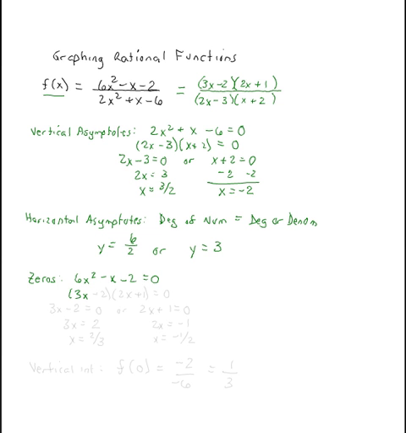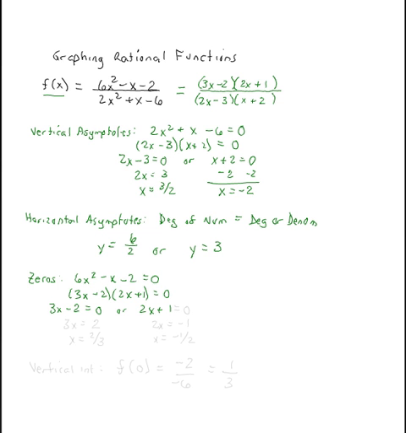We have that in its factored form, 3x minus 2 times 2x plus 1, and setting each of those factors equal to 0, we know that either 3x minus 2 is equal to 0 or 2x plus 1 is equal to 0.